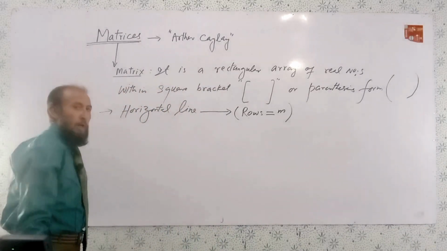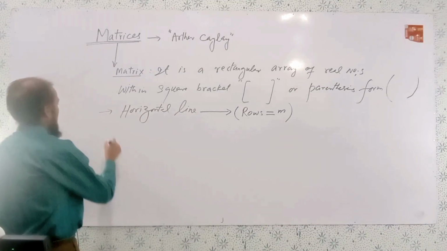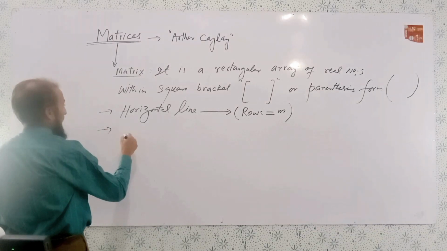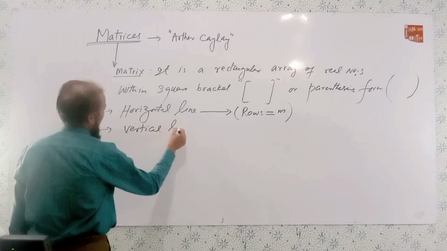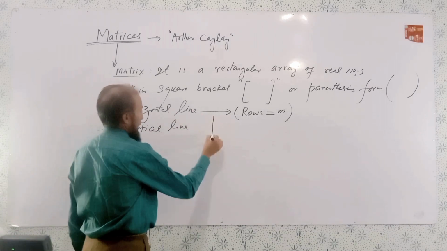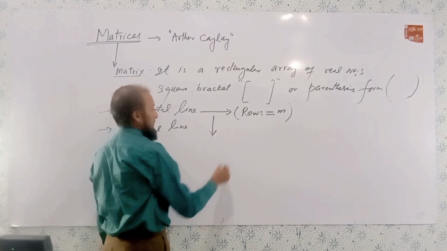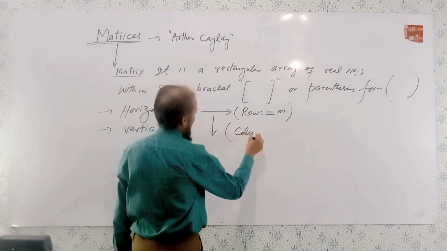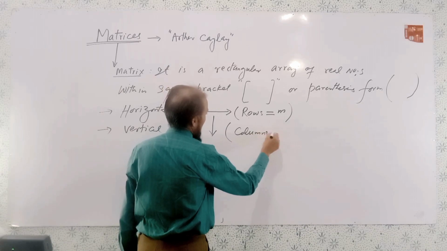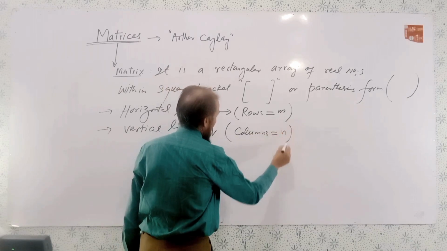Rows are denoted by m. Similarly, a vertical line, just like we present in this one, is denoted by columns, and it's equal to n.